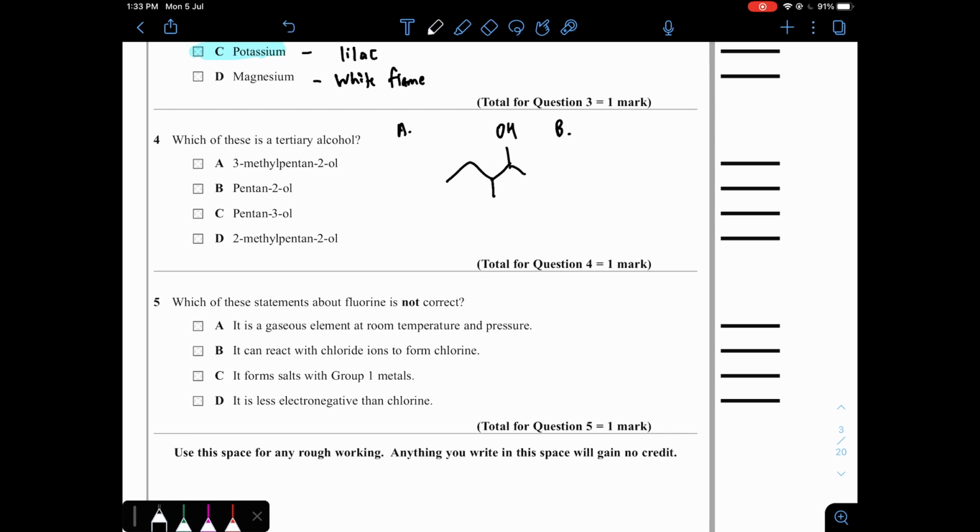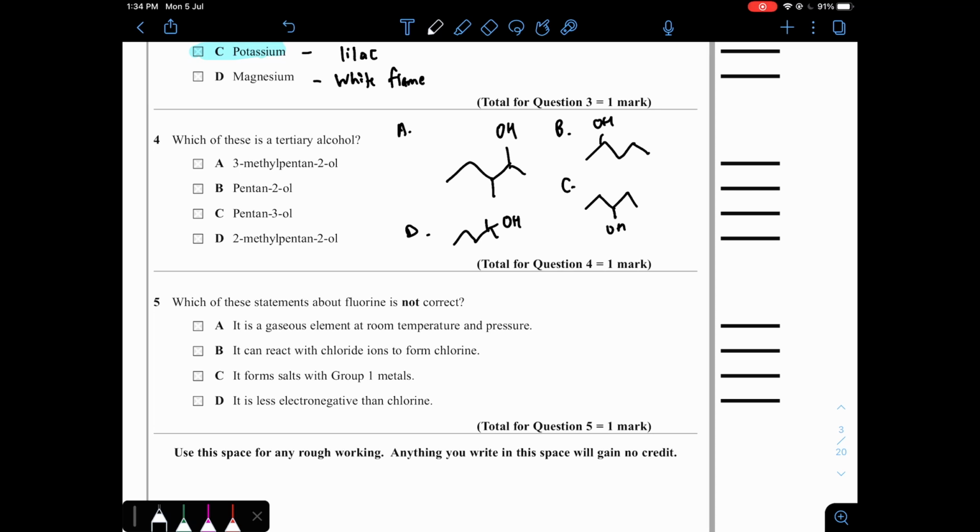B is pentanol, so that's 1, 2, 3, 4, 5, and then you have the OH. C is pentan-3-ol, so 1, 2, 3, OH here. And then D is 1, 2, 3, 4, then you have the OH.